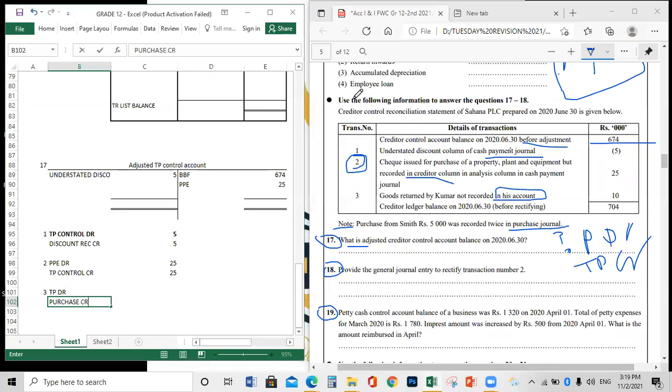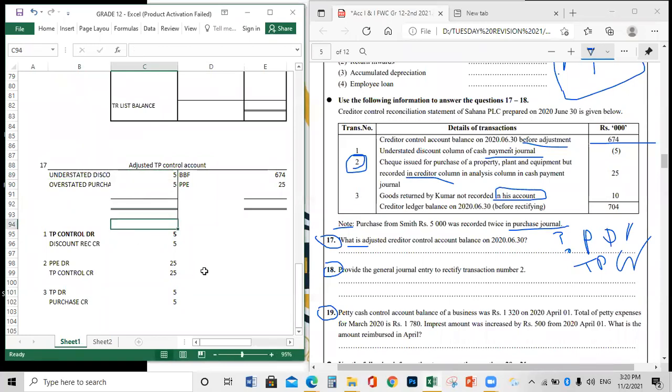Yes, Stefa, that's correct. Now, how much is the value? The value is 5,000. So go to your trade payable and you will debit. What will you say? You can say overstated purchase. You have overstated your purchase because you have recorded it twice. By how much have you overstated your purchase?